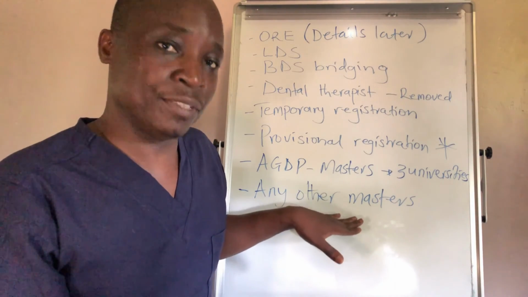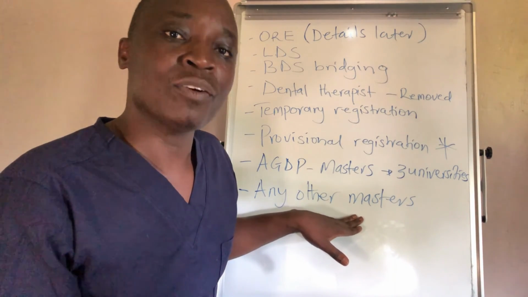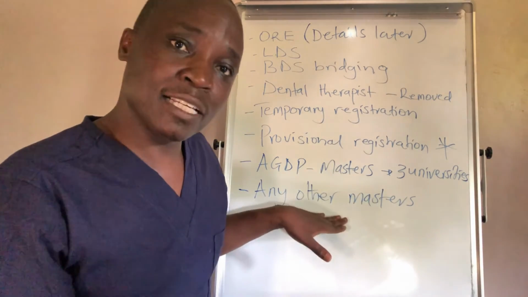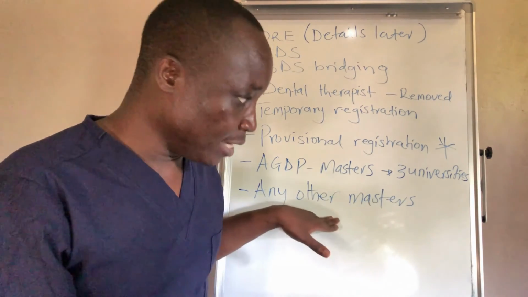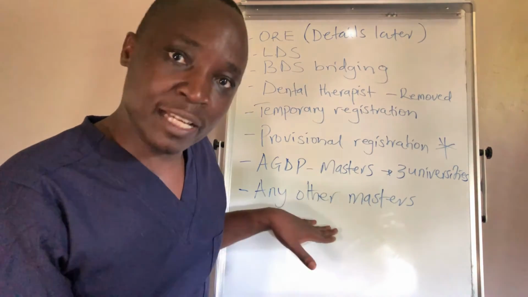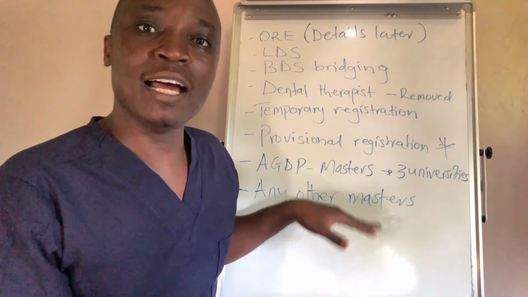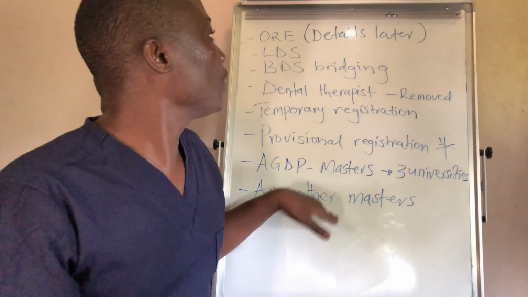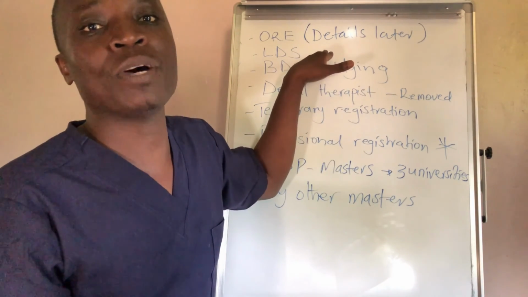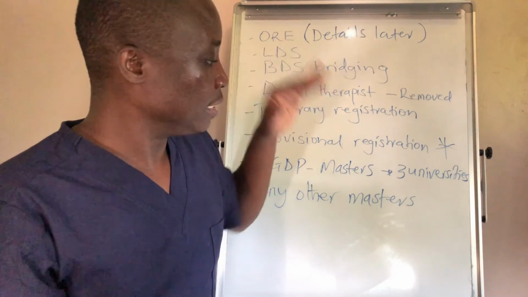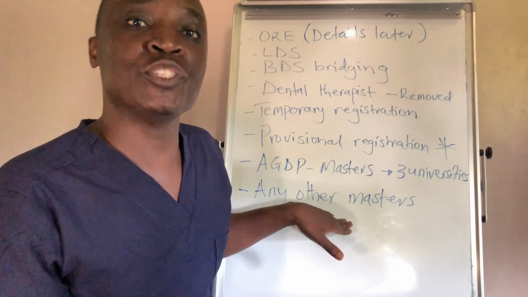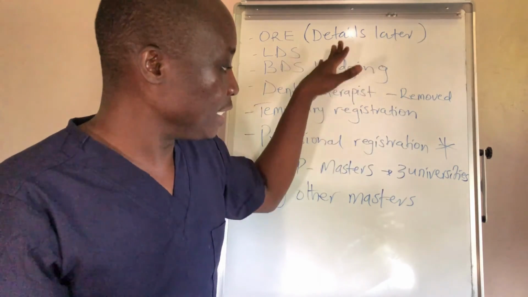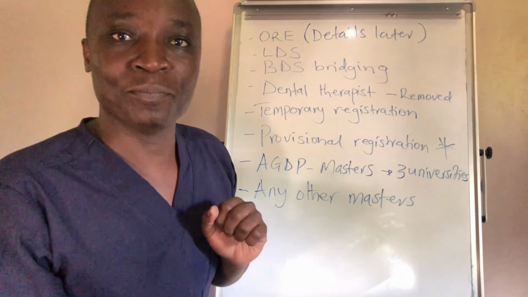It used to be 3, but now it is 2 years of what they call post-study work. So after your master's, if it is say 1 year, you'll be given another 2 years to stay in the UK under the graduate route. Within that time, you should be able to organize and pass your ORE. If not, you can use your master's to get a non-clinical job and work as you wait to pass your exam.